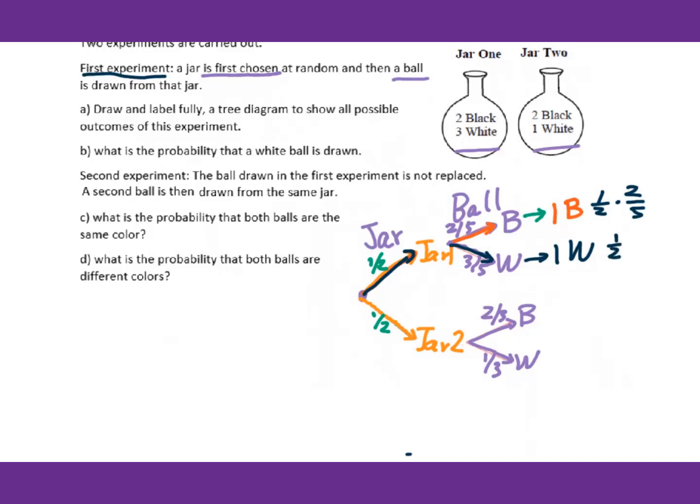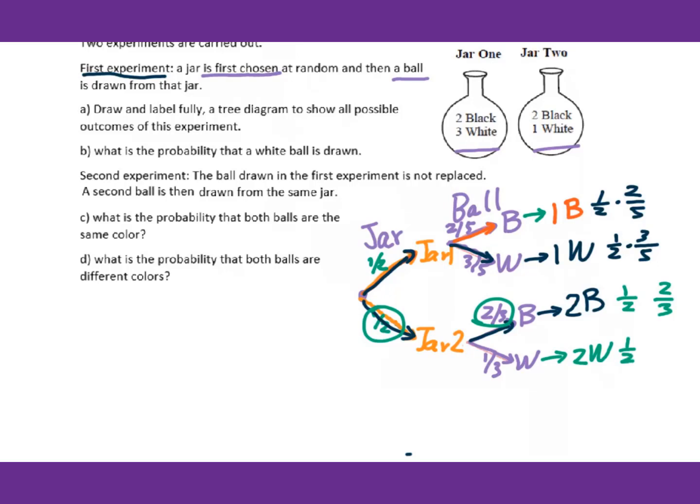It will be 1/2 times 3/5. For this line and this line, you have draw 2 and a black ball. We have 1/2 times 2/3. Then we have draw 2 white ball. That is 1/2 times 1/3.